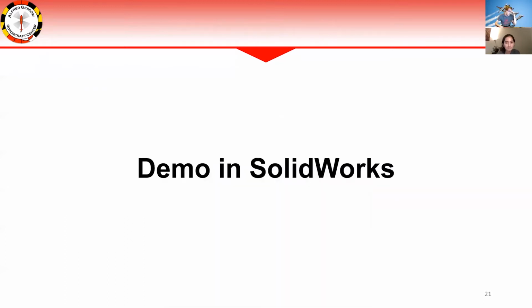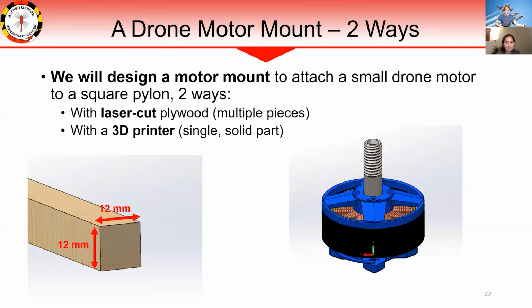So now we're going to go into the demo in SolidWorks. I just want to preface what we're doing. We're going to design a small motor mount to attach a small drone motor to a square pylon. The square pylon can be thought of as the arm on a drone. We're going to do this 2 ways.